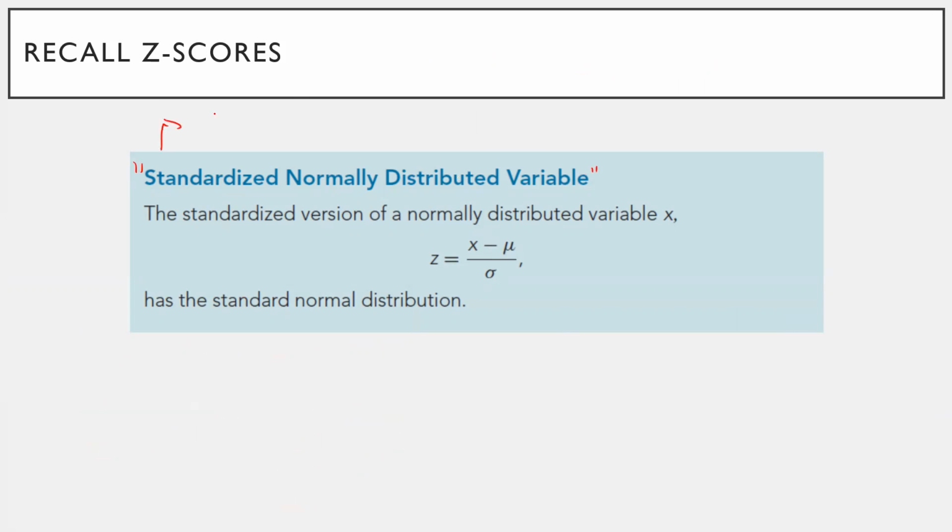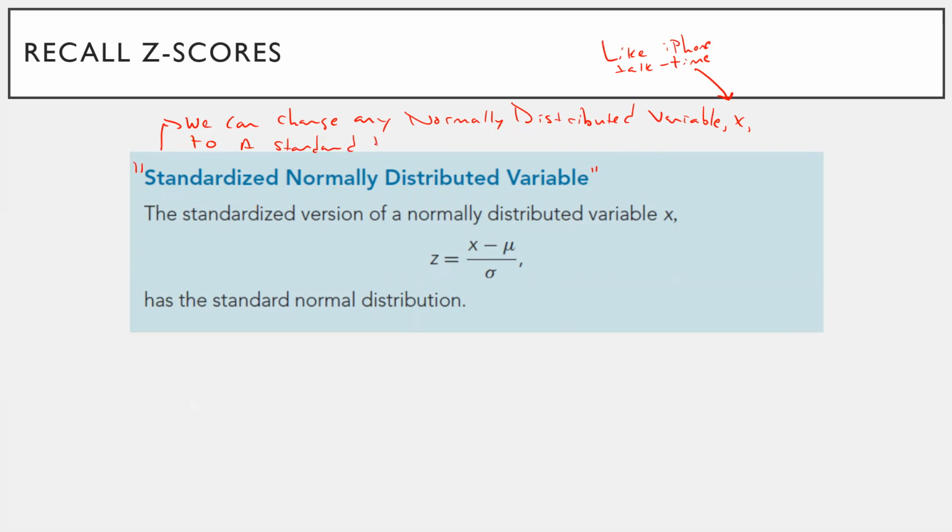So what's going to go on here is we can change any normally distributed variable X, like iPhone talk time, to a standard normal variable.